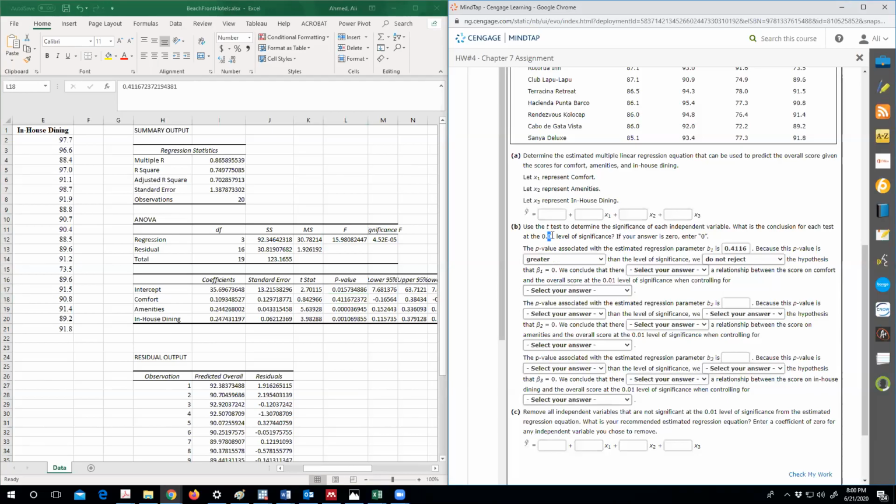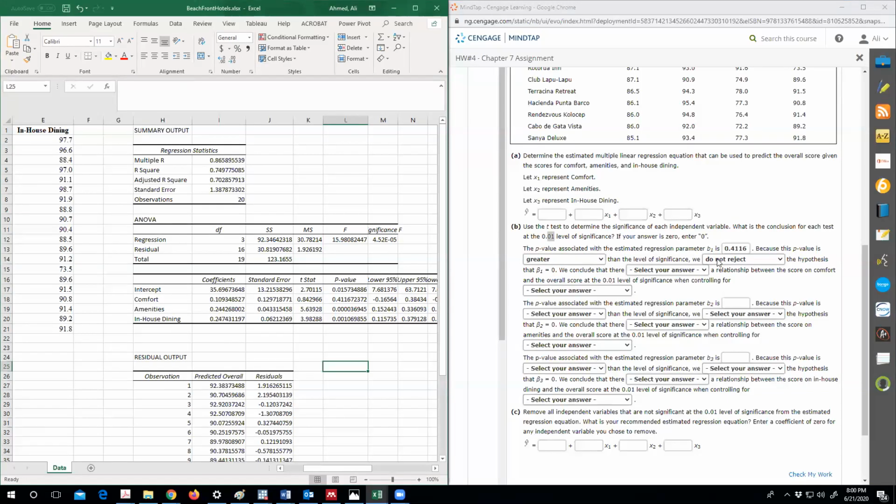This is the maximum error we can accept, but it's coming out at 0.4, which is higher than 0.1, so we do not reject the hypothesis that beta 1 is equal to 0. Which means that we accept that beta 1 is 0.